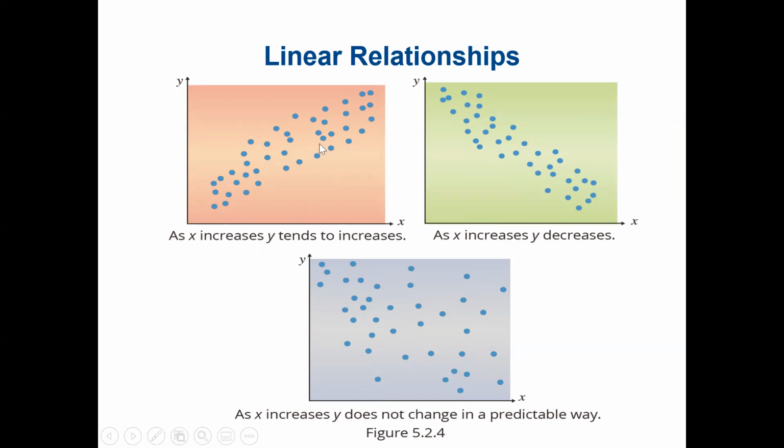So this is the concept we covered in our previous lectures when we studied the relationship, correlation analysis, or finding the correlation coefficient. And the first diagram with the orange background will give us a positive r value. The green diagram will give us a negative r value, that's the correlation coefficient.